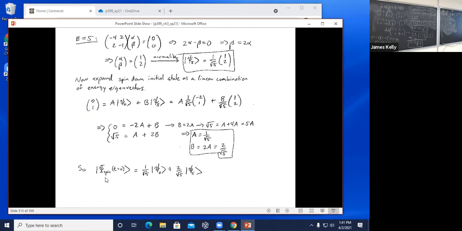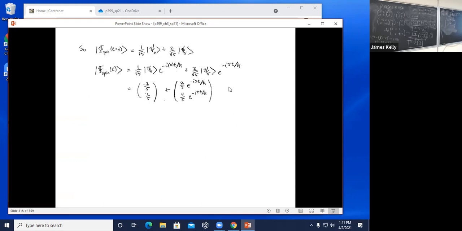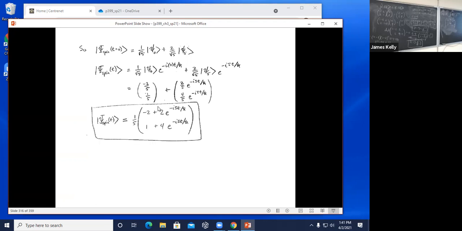And therefore, the spin state looks like this at time t equals 0. And therefore, at time t, I put in the corresponding e to the minus iEt over h bar factors in there.